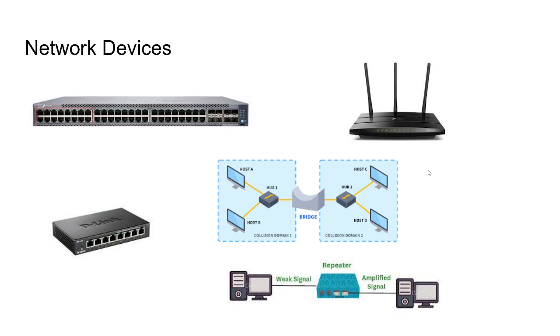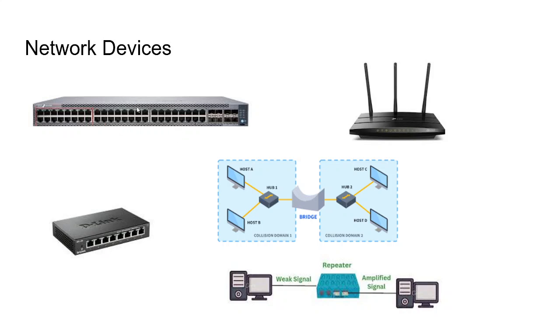Network devices. We got switches. They remember MAC addresses based on the MAC or based on signal sent. So let's say you had two computers connected here. A computer sends a packet to another computer, and it will attach a frame with its MAC address, and the switch will remember its MAC address.